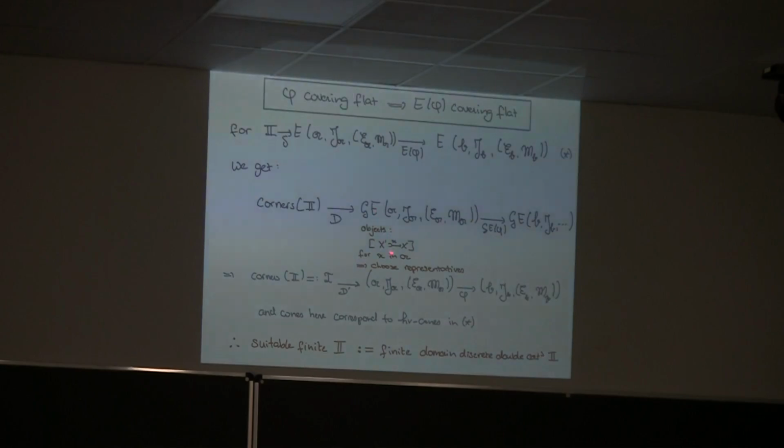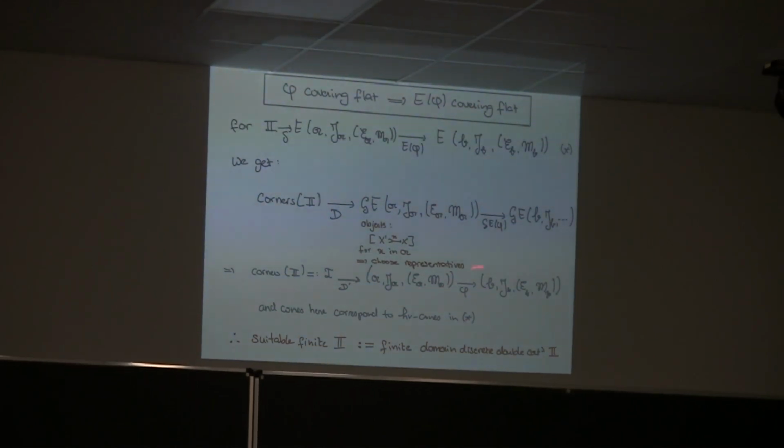So basically, choose the representative for your objects, then the representatives for the arrows become unique, and so we end up from a diagram like this to something that feels like the adjunct, and we can play the same game again, but the cones here become H3 cones on the other side.